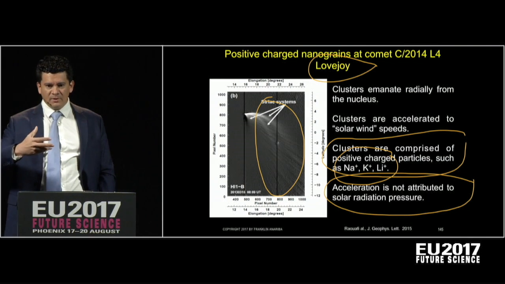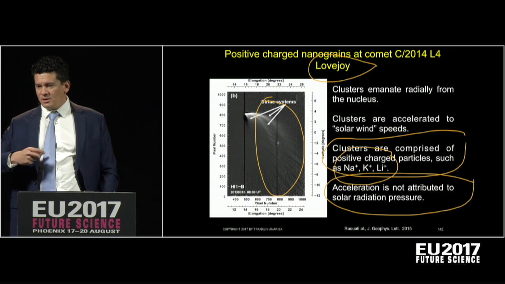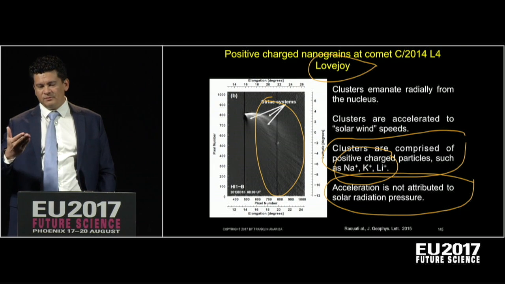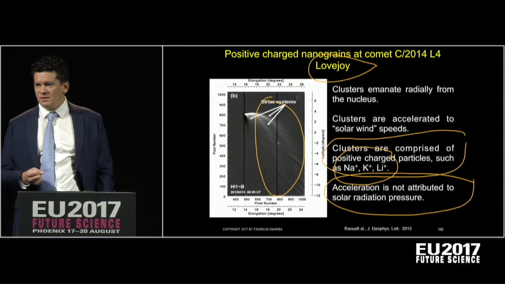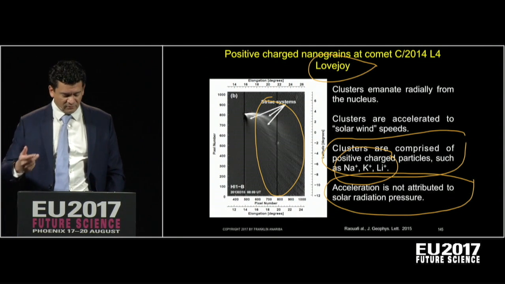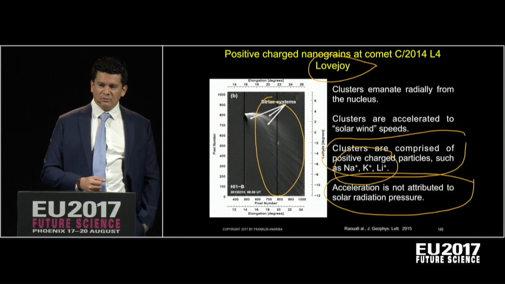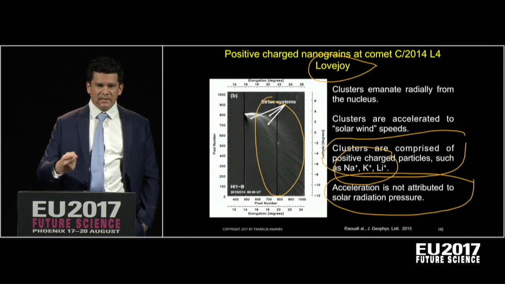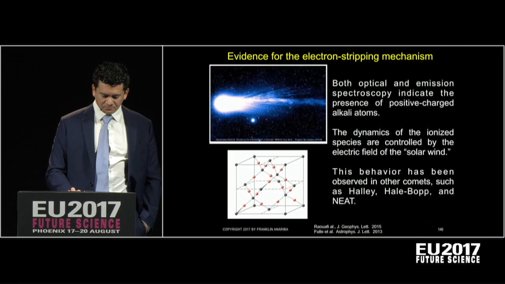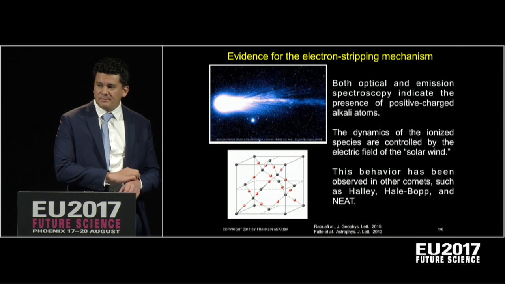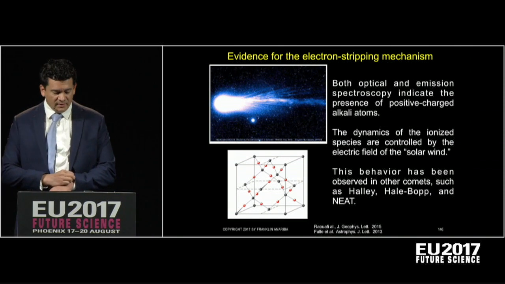So they go from a few electron volts, or a few meters per second velocities, to about 300 to 250, excuse me, meters per second, which is the solar wind speed. So they're being accelerated by electric fields, right? The electric fields are present. And again, I use that as evidence of the electrostripping model that I presented last time.